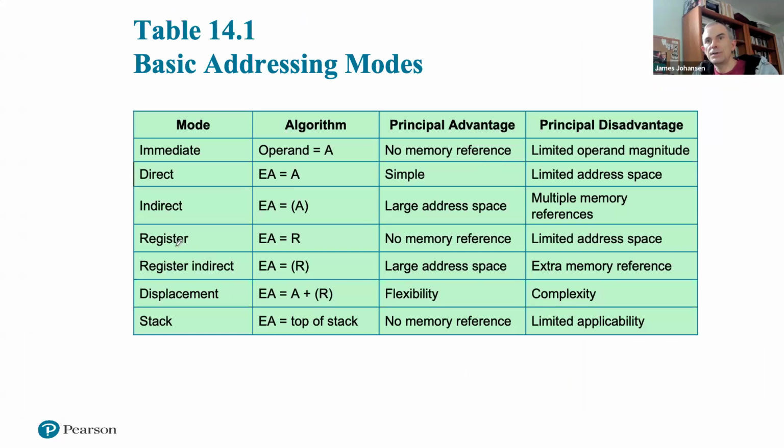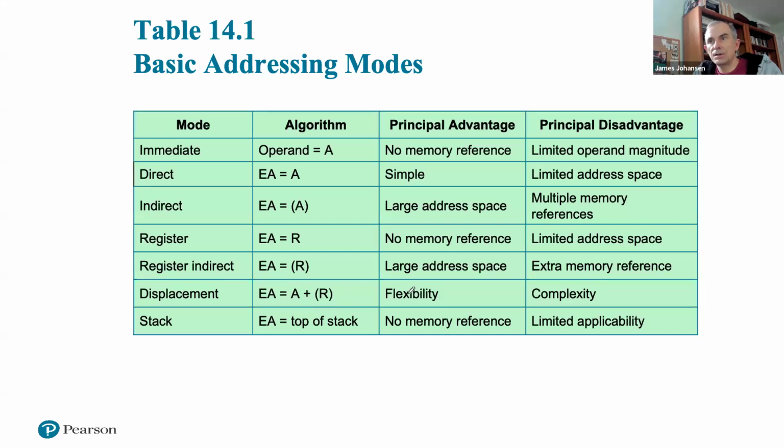Register, this is going to be really fast. And so if we have loaded this into the registers, that's going to be a benefit, but you have to load things into the registers. We want to keep that in mind. Register indirect, it's a large address space, but it takes extra memory references.